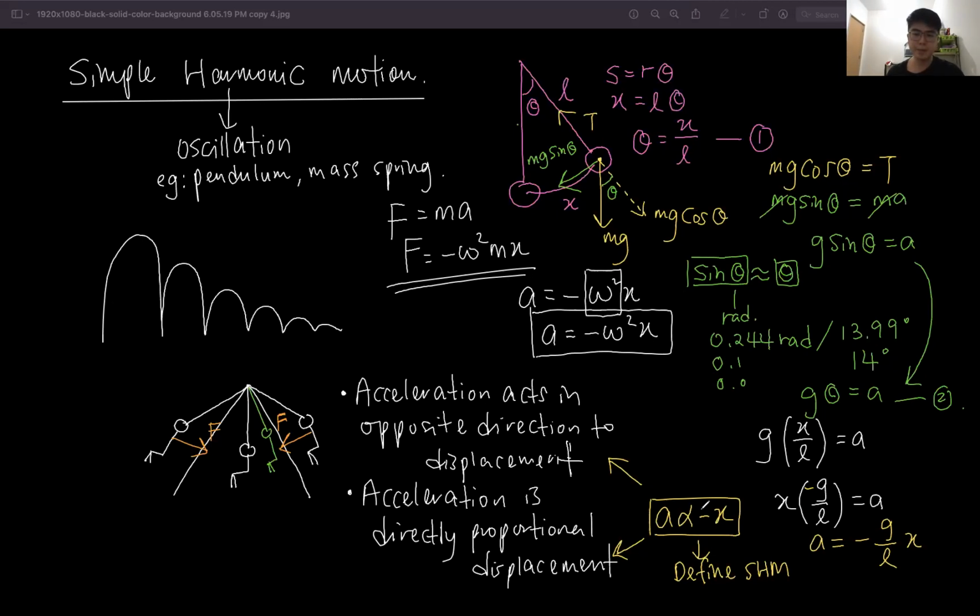Right, so we're done with the derivation of a equals minus omega square x. Now we look at the next part. Let me erase this, get some space here.